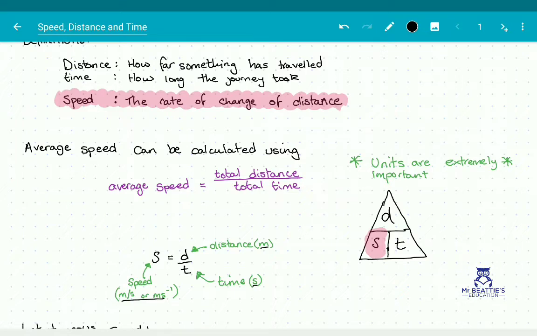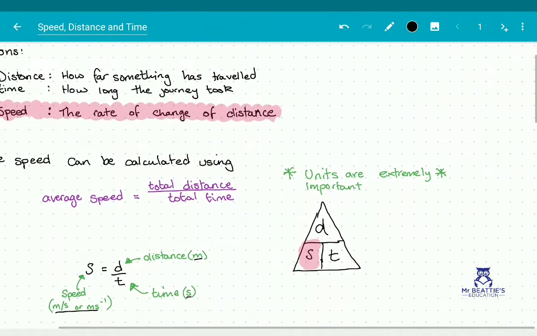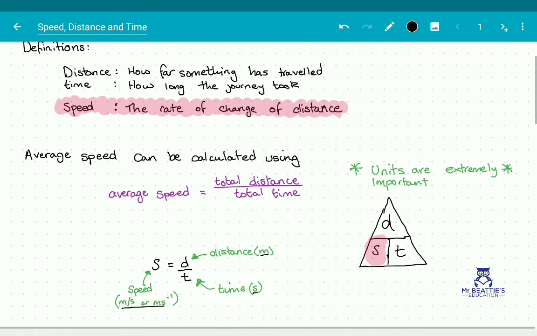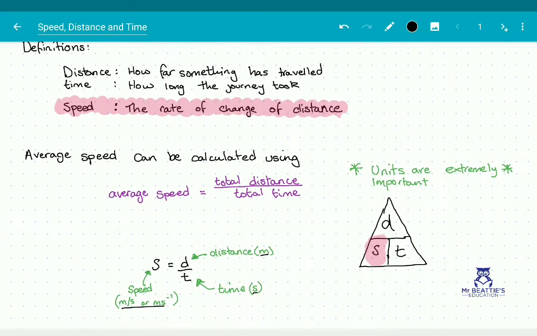Now, average speed is basically over the total distance. But think about a journey that you have, something nice and simple like the journey to the shops. You get in the car starting from 0, and it's going to speed up and slow down depending on the different speed limits of the roads that it's on.